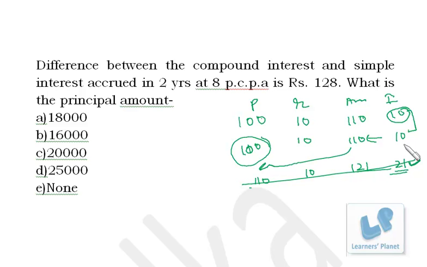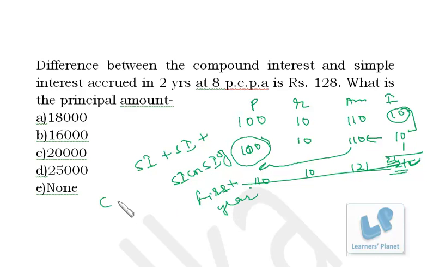So that is 10 plus 10, 20 plus 1, 21 rupees, right? So simple interest for first year, simple interest for second year, plus simple interest on simple interest of first year, right? So that is actually compound interest. Okay, the same funda we are going to use over here, right? So just listen to me carefully.